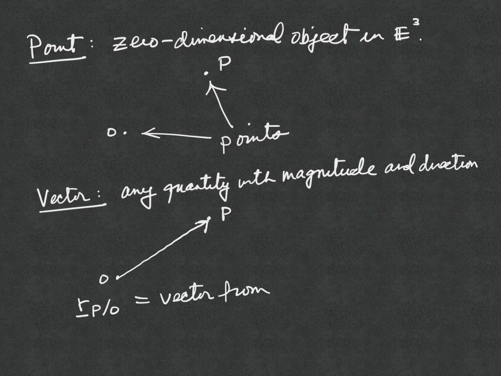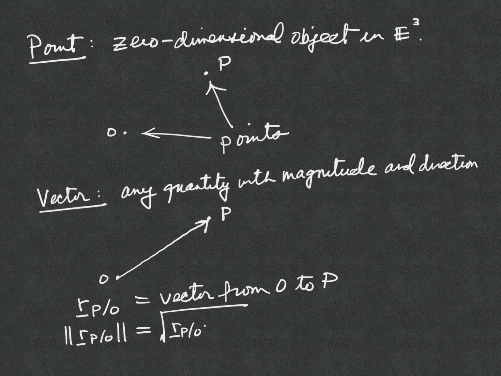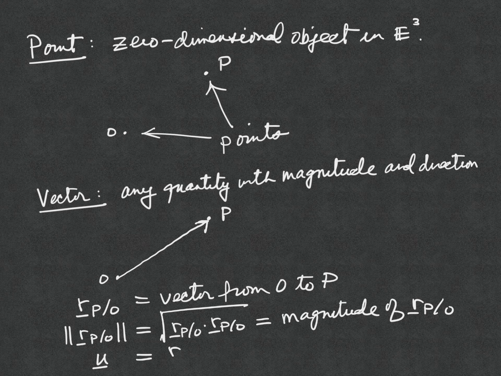Then the magnitude of that vector, which, as we learned in the vector algebra discussion, is equal to the square root of RP/O dotted with RP/O. That's equal to the magnitude of RP/O. And finally, I'm just going to call this thing U. U is equal to RP/O divided by the magnitude of RP/O.